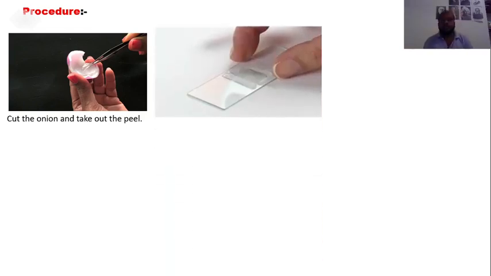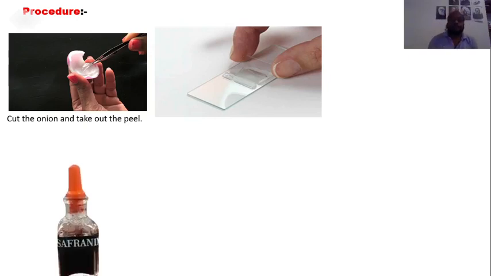Then take the slide, and on this slide take one or two drops of glycerin or water and put a small piece of the peel, and then put the cover slip in such a way that you avoid air bubbles inside the cover slip.